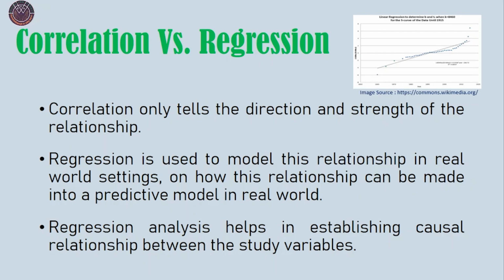We have to get the scatter plot, we have to get the regression line, and then only can we go for a regression analysis. But correlation is the basic statistics. Whereas correlation just gives you the direction or existence of relationship, regression goes further than that. It is trying to give you the causal relationship between the variables. So in this way they are different, and they are also related with each other. Hopefully you understood the relationship between correlation and regression.